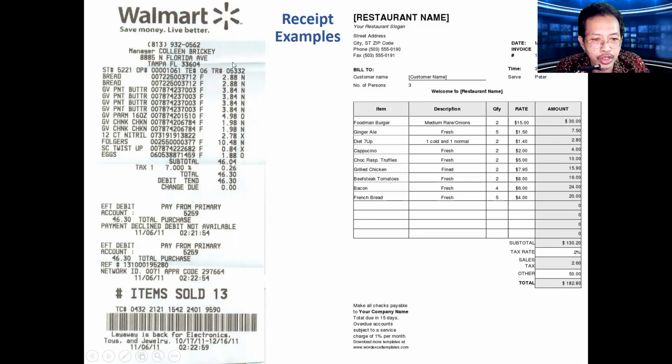This is the transaction number, 05332. And aside from that, you would also need to know the date of the transaction. It's put here, 11 June, at 2:21:54 in the afternoon.